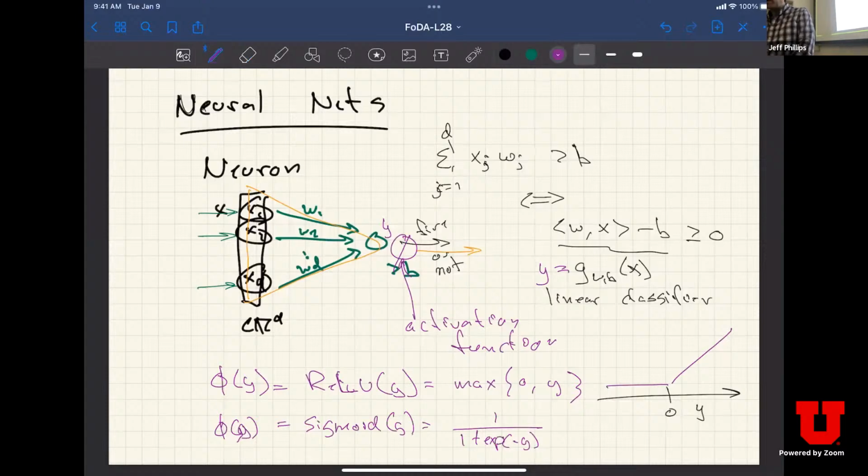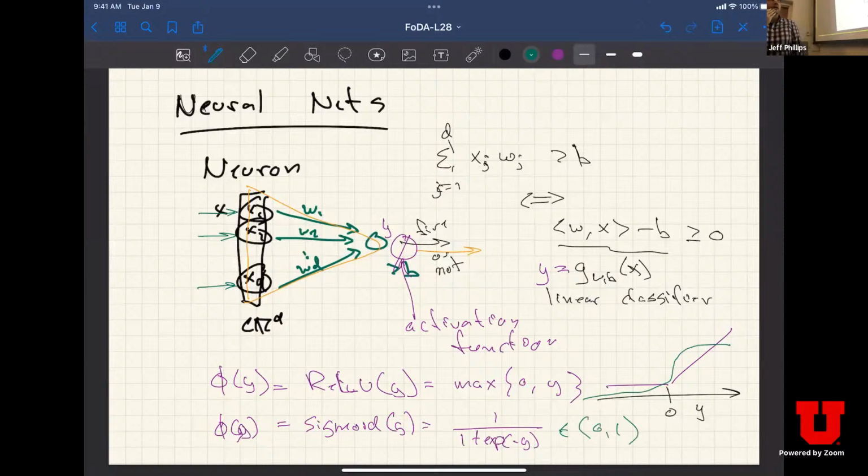If I were to draw this one, the sigmoid goes like this. It's between 0 and 1. It's never going to be exactly 0 or 1, but it's a smooth version of this threshold. This is not a convex function, but it is differentiable.